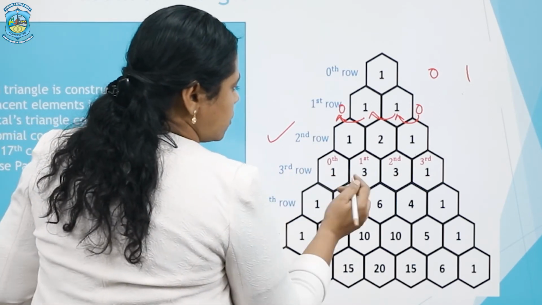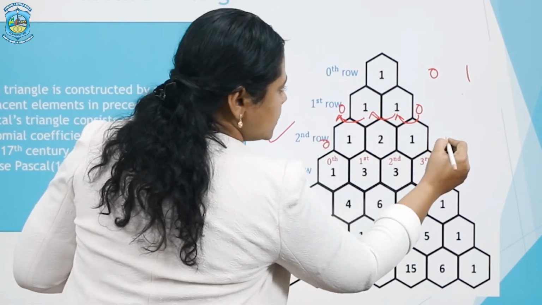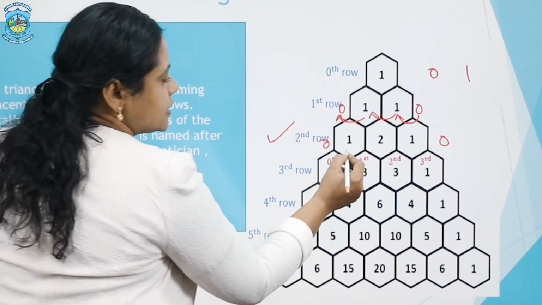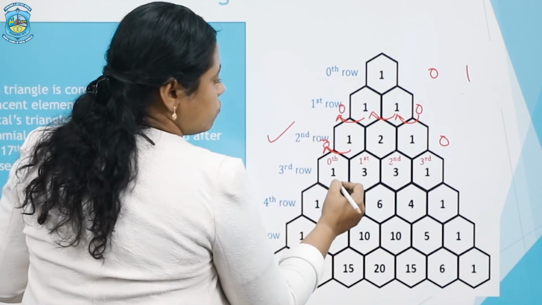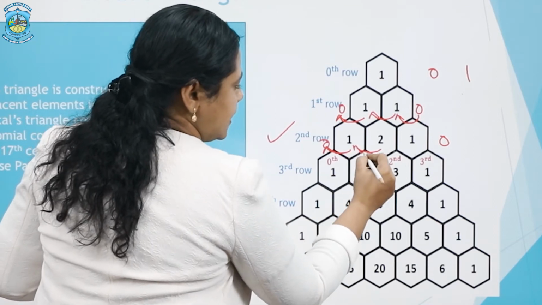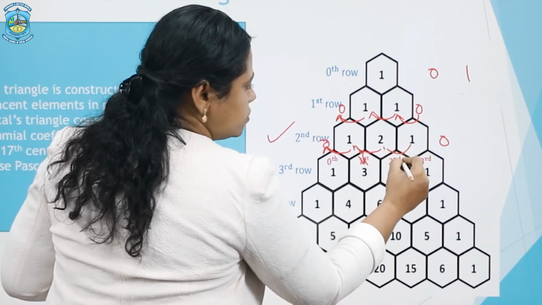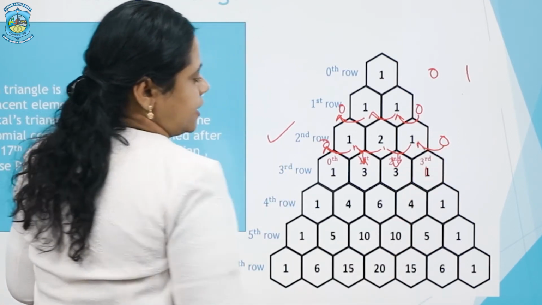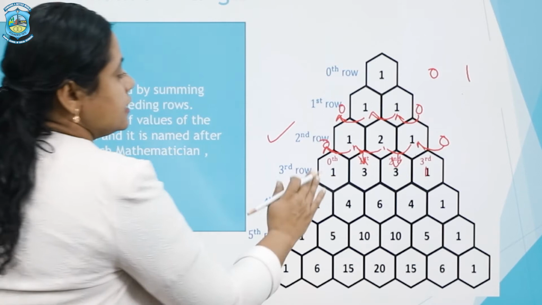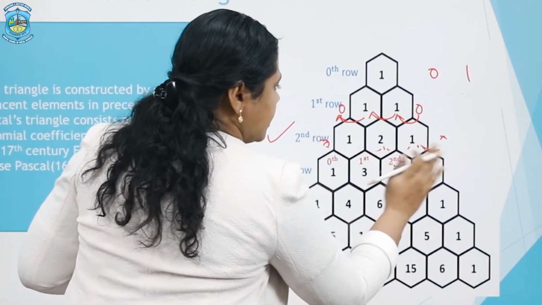Now for the third row, again the same thing. I am putting 0 and 0 here. Now you add the previous row towards left. 1 plus 0, 1, then 2 plus 1, 3, 1 plus 2, again 3, then 0 and 1, you will get 1 here. So 1, 3, 3, 1. The next row can be developed again.